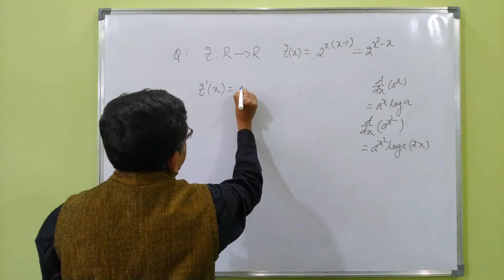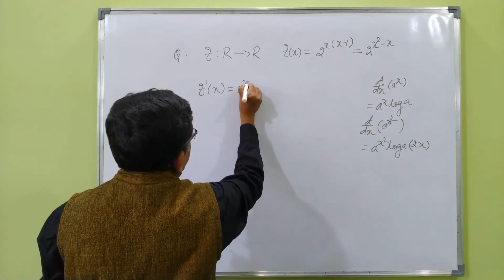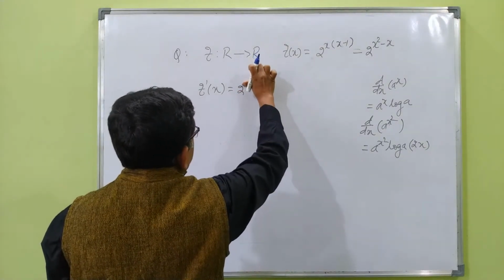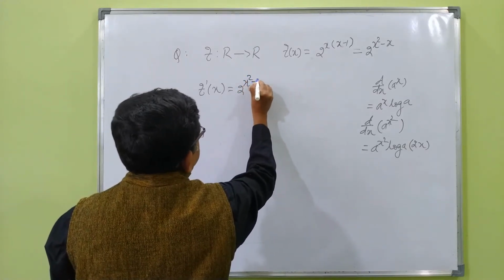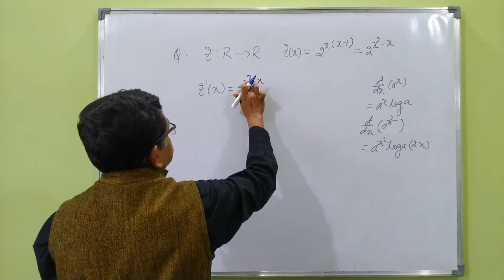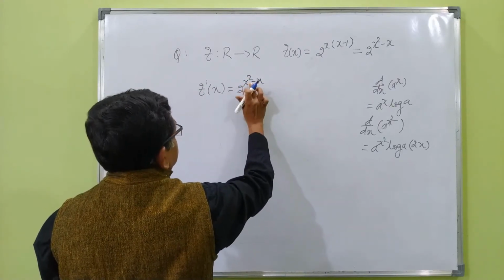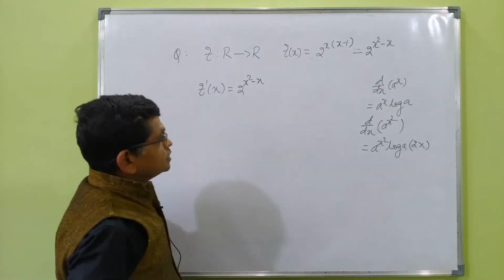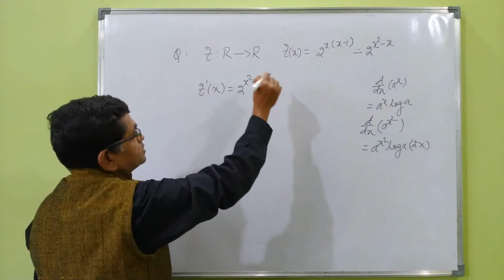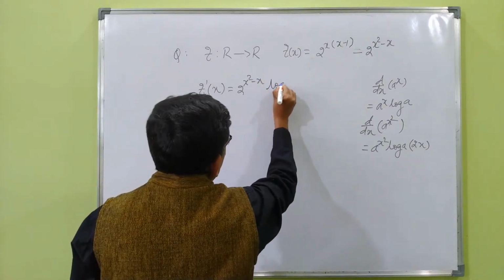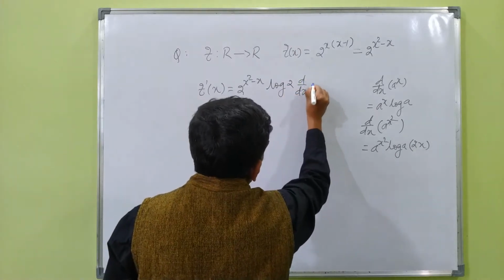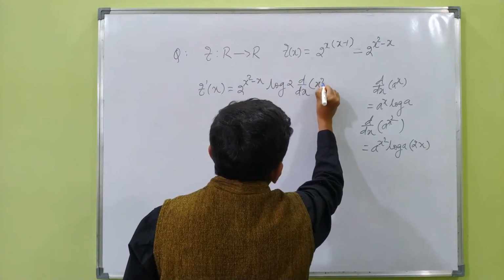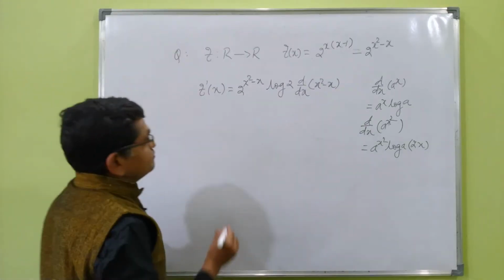Similarly, you have to differentiate this: 2 to the power x squared minus x. That is 2 to the power x squared minus x, log of 2 into d by dx of x squared minus x.